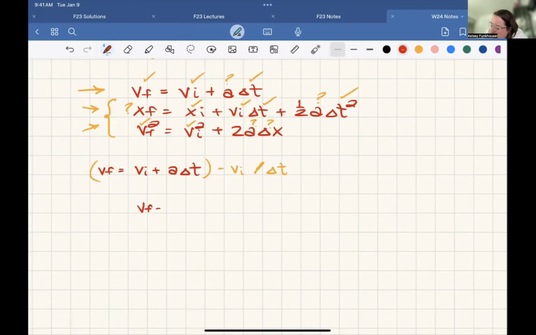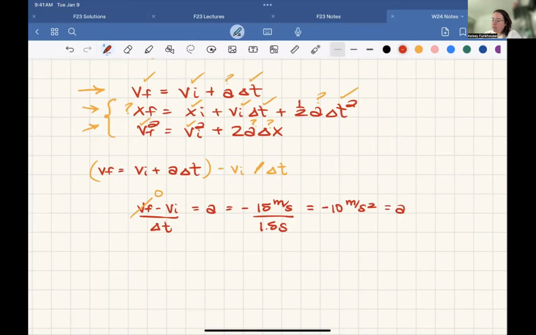So this will be V final minus V initial over the time interval equals the acceleration. And V final is 0 because we're coming to a stop. So this is negative 15 meters per second divided by 1.5 seconds. So that gives us negative 10 meters per second squared, because remember, acceleration is meters per second squared.